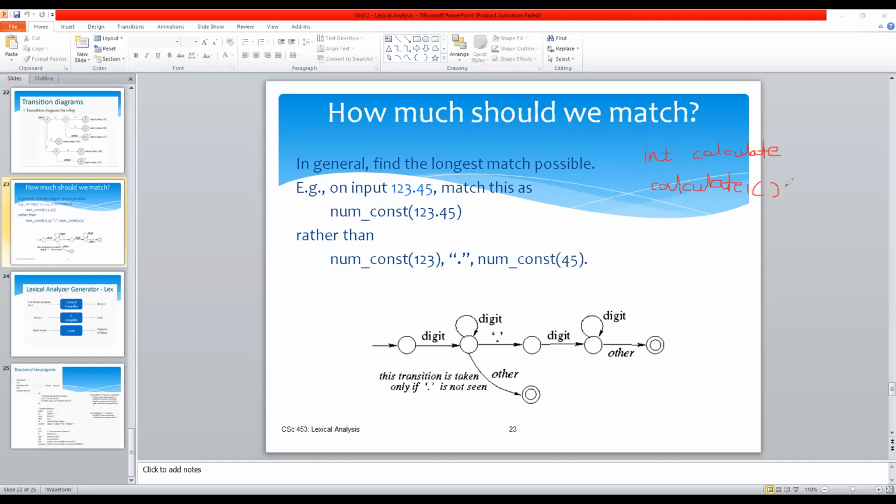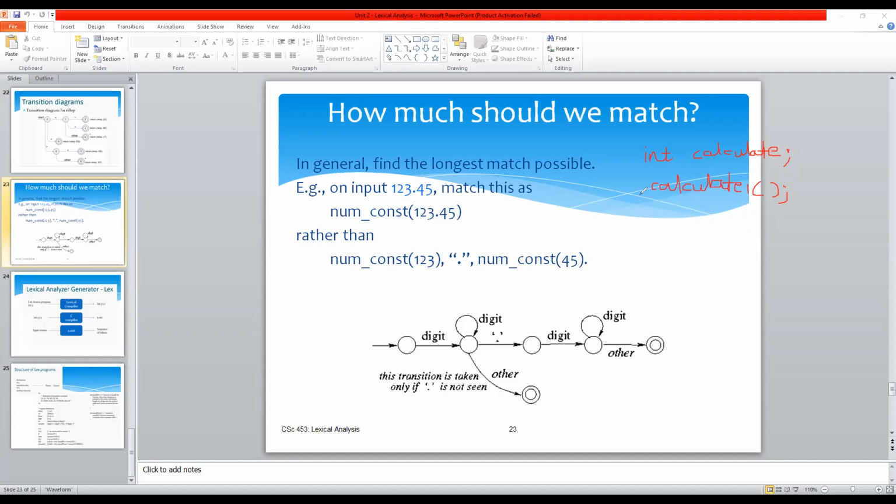It is a function call. So the example is I am having one integer variable calculate. The name of the variable is calculate. And I have a function called calculate 1 with opening and closing brackets.